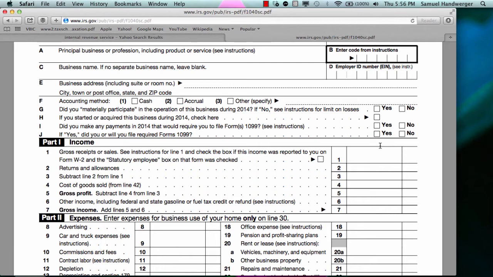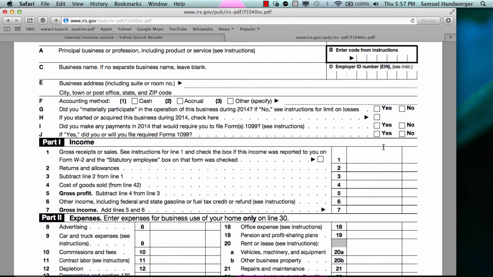Line I is interesting because it segues from our discussion in the last webinar, number 2. Notice what it's asking there. This is brand new, relatively speaking. We didn't always have this on the tax return. The reason for it, question I, is: did you make any payments requiring you to file Forms 1099?